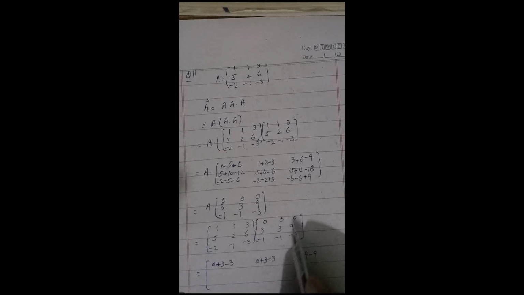And now the second row multiplied with the three columns respectively. 5 multiplied by 0 is 0, plus 2 multiplied by 3 is equal to 6, minus 1 multiplied by 6 is equal to minus 6.